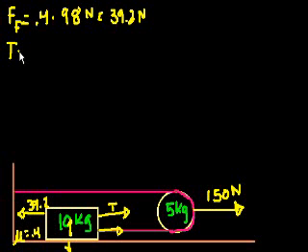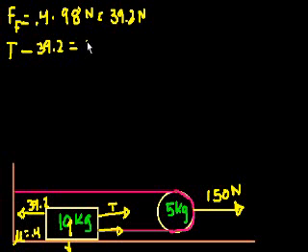So the force of tension minus the force of friction, which we figured out to be 39.2 newtons, is equal to the net force, at least in the horizontal direction, on this object. And that's going to be equal to its mass times its acceleration, right? The net force on an object is equal to its mass times acceleration. That's Newton's second law.